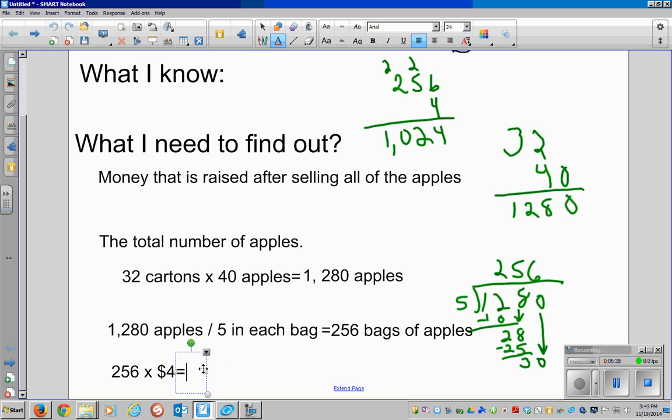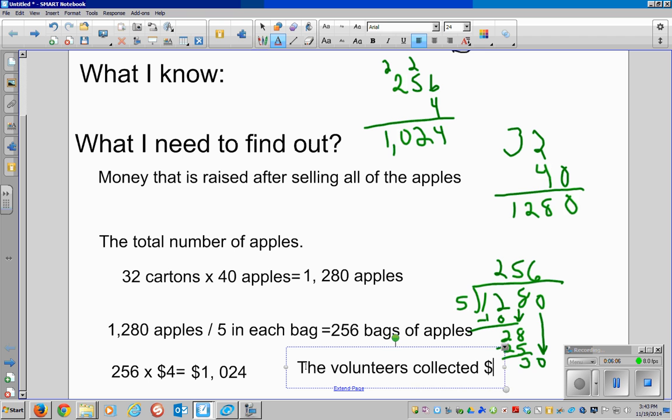So if I go back now, I had 256 bags of apples multiplied by $4. So I know I'm going to get a grand total of $1,024. Now I'm going to write my final sentence. The volunteers collected $1,024 from selling all of these apples.